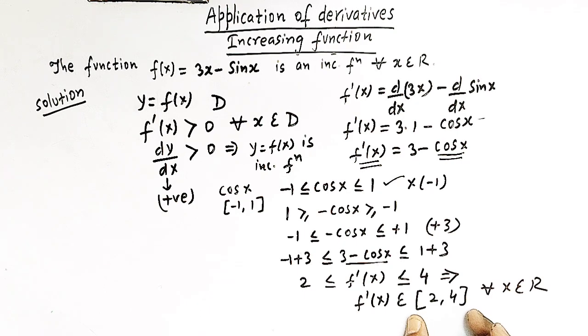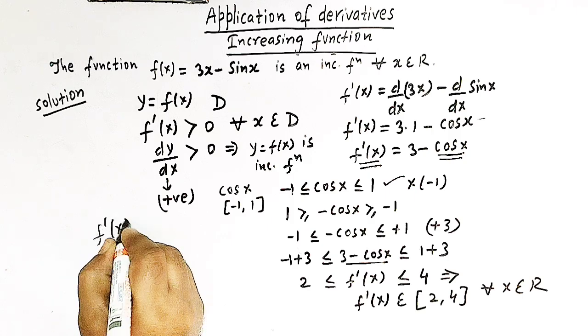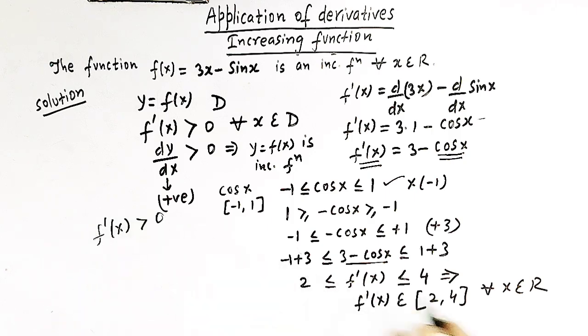So now from this interval we can easily conclude that the derivative f prime of x belongs to this interval, and here 2 is a positive quantity and 4 is also a positive quantity, right? So f prime of x is always going to be a positive quantity for all x belonging to R, because here 2 is positive and 4 is also positive, and the derivative is having values between these two numbers, including 2 and 4, right?